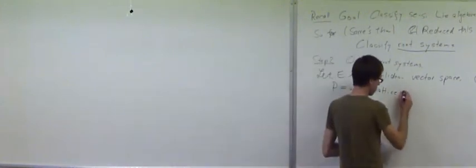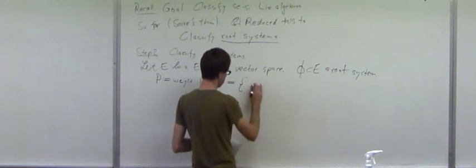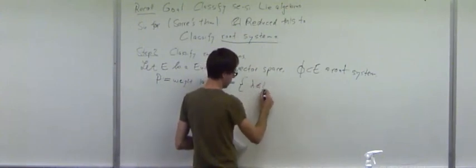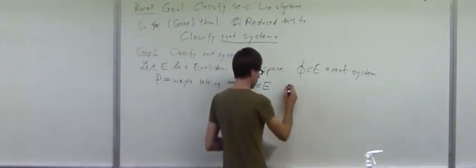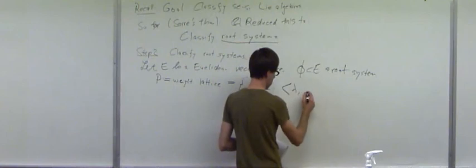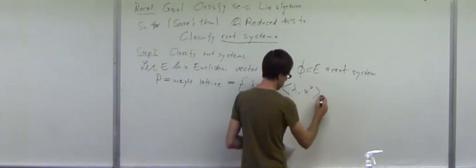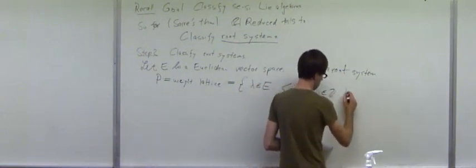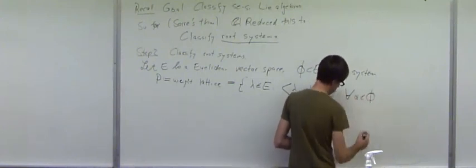So we can just define the weight lattice in the abstract setting. So this is the set of all elements of this Euclidean space, such that lambda alpha check is an integer for all roots alpha.